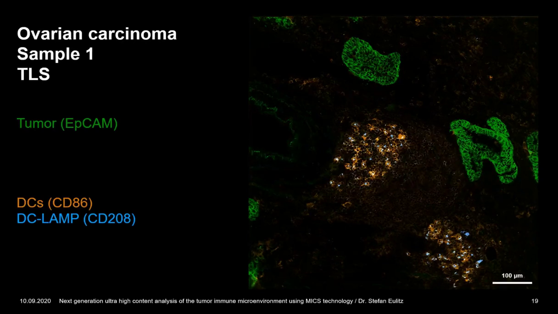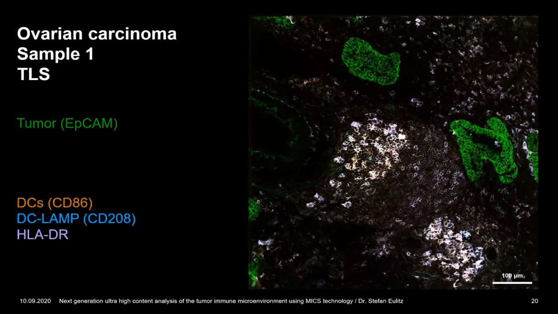Since DC-LAMP also plays a key role in the processing and presentation of antigens, this staining gives us the hint that the presentation of tumor antigens is also taking place in these regions. The staining of HLA-DR, here visualized in violet, is proving the existence of MHC class II receptors, which is also in line with the schematic representation of the TLS shown in the beginning.